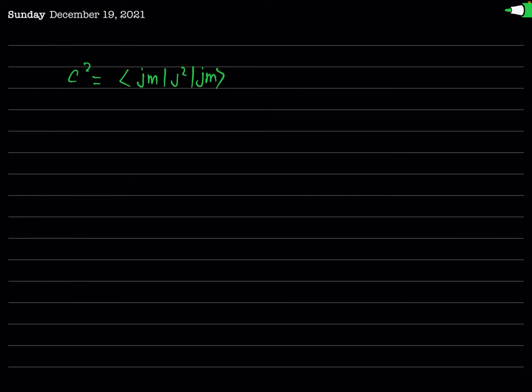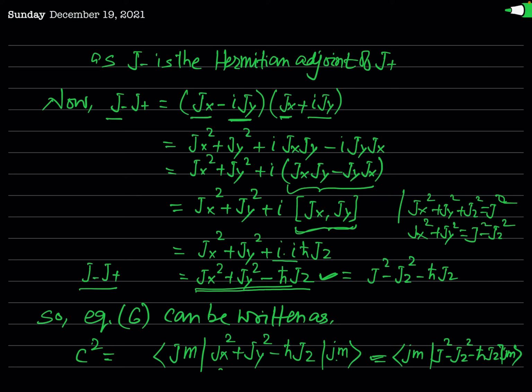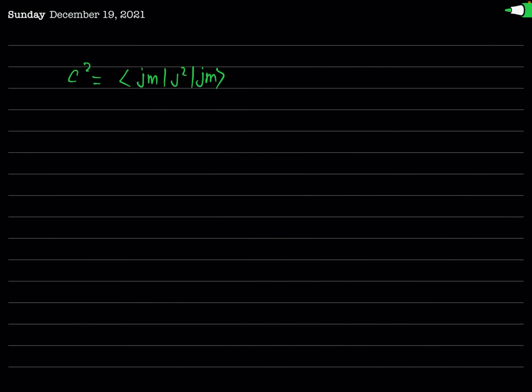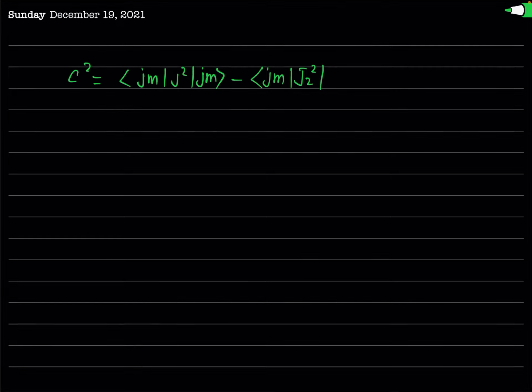So here we will use this expression. The first term will be bra J m J square ket J m, and the second term will be minus bra J m Jz square ket J m. I am not always saying bra and ket J m.